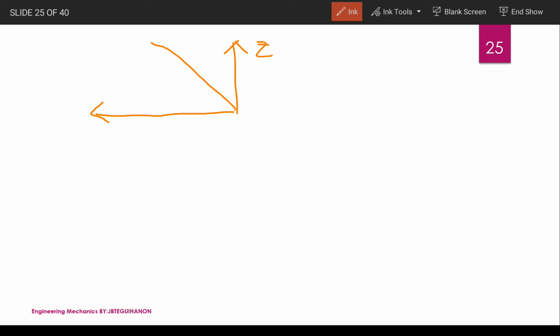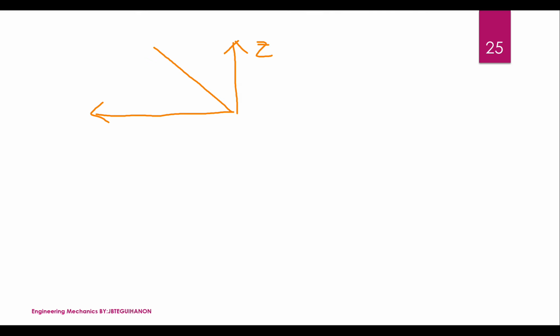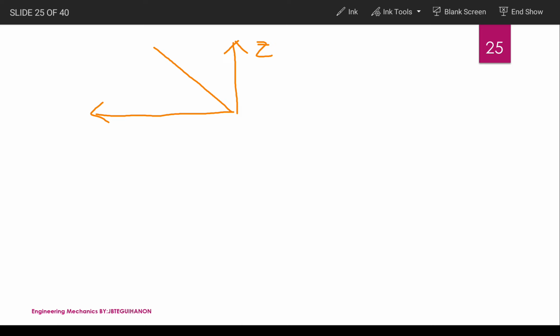I have a hard time having a straight line. Okay, so I was able to make at least straight line there. And then I have straight down there. And this is my Y, and that is Z.